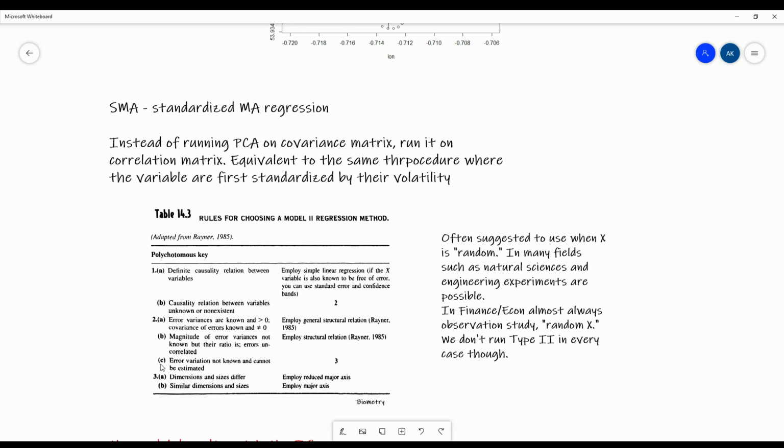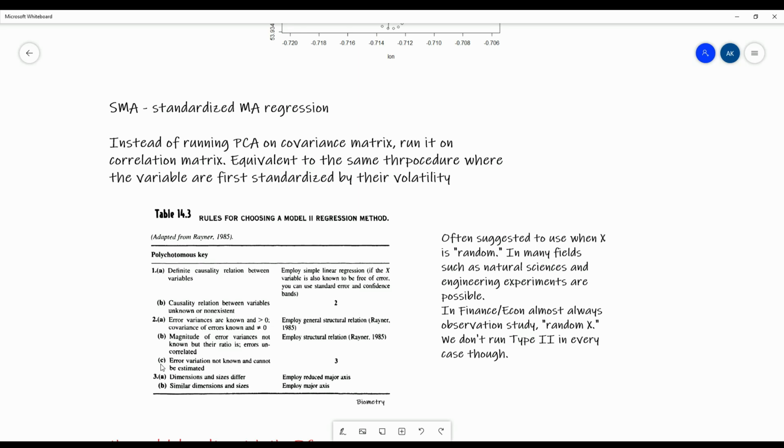If you think about experimental physics, experimental sciences, natural science, engineering, oftentimes people can do experiments. They can control the x-axis variables. While in finance and economics, that's usually not the case.